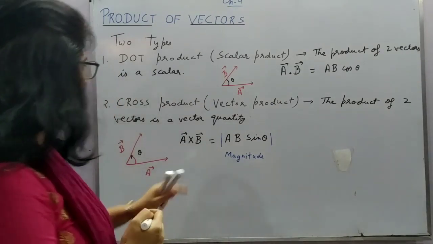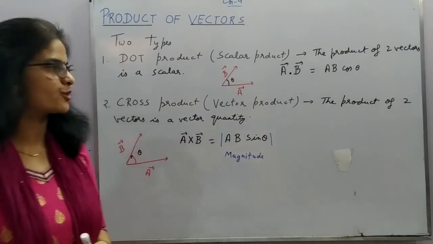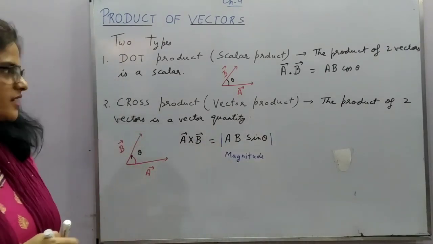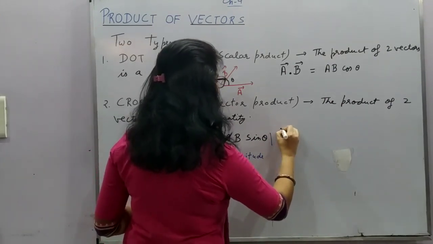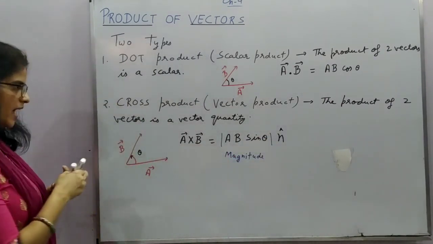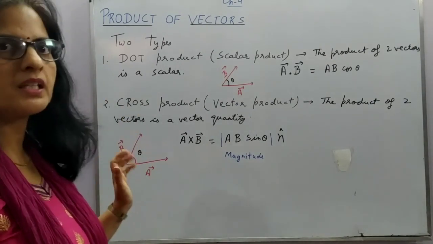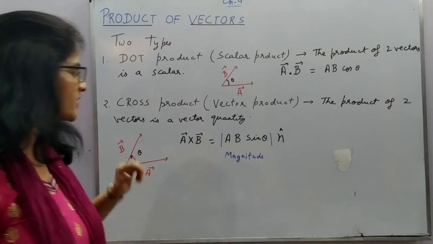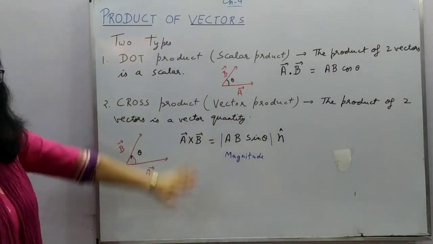Now we know that its result is a vector quantity. So that means there must be some direction also. And that direction is given by n cap, where n cap is a unit vector normal to the plane containing A and B. Suppose I have this A and B vector in this plane, which is this board.